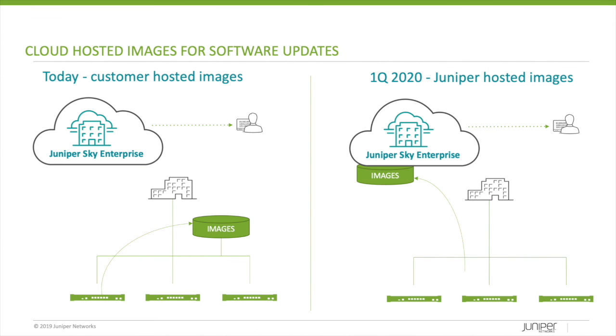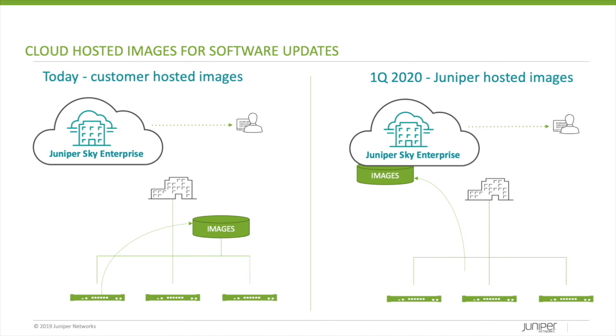So one other really cool thing we're working on at the moment, and expect to have out later in the year or early into 2020, is the ability to deliver Junos upgrades directly hosted from Sky Enterprise. On the left today you'll see that there is an option in Sky Enterprise for software to be delivered, software distribution we call it, and that assumes that you're hosting those images on some kind of file server locally.